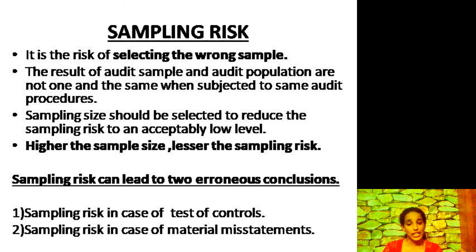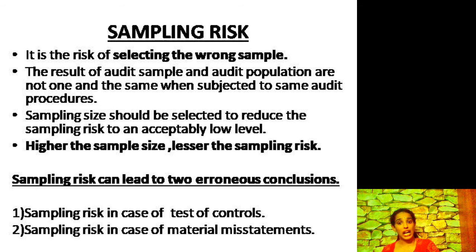In such a way I have to select the sample size. Anyway, I cannot completely nullify the risk because there is some kind of inherent risk, but still the auditor should be very careful in selecting a sample size such that the sampling risk is reduced to an acceptably low level. Now for this, how should the sample size be?